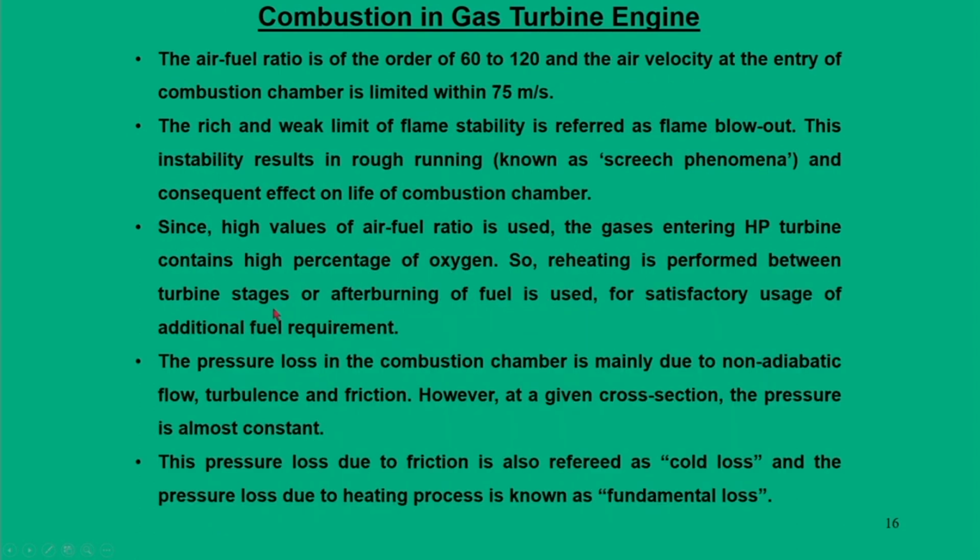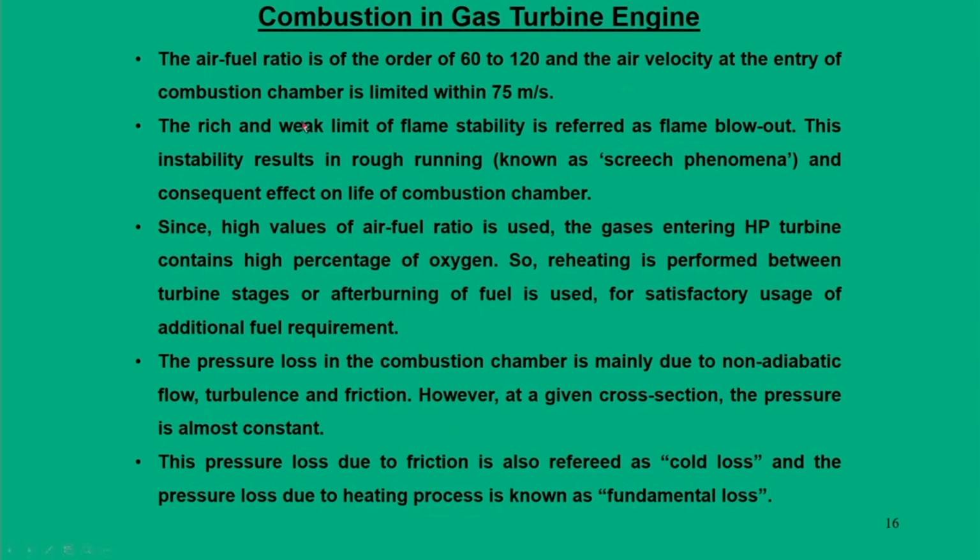If I give some typical numbers for this, the air fuel ratio in gas turbine engines is 60 to 120. Remember, in our IC engines it is 14.5, that is the stoichiometric air fuel ratio, but here it is 60 to 120.